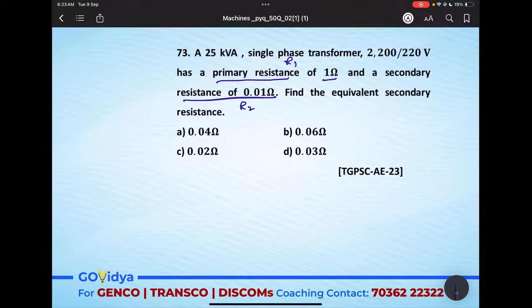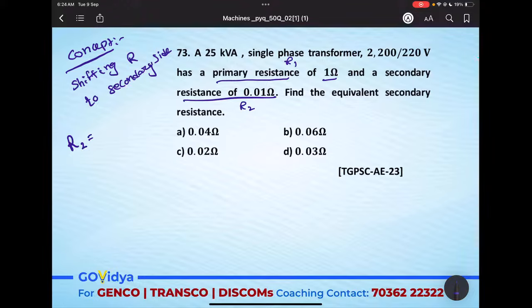Okay, let's note down the concept. What is the concept behind this question is shifting of resistance to secondary side. Okay, what is the formula we know? The equivalent resistance will be R02, equal to R2 plus R1 dash, where R1 dash is the shifted resistance from the primary.